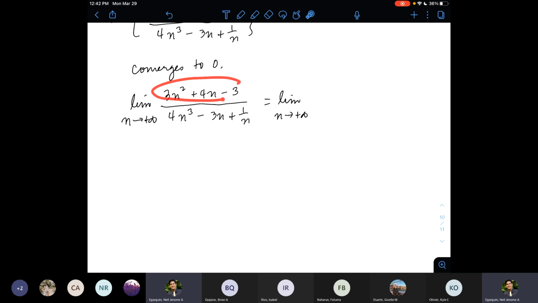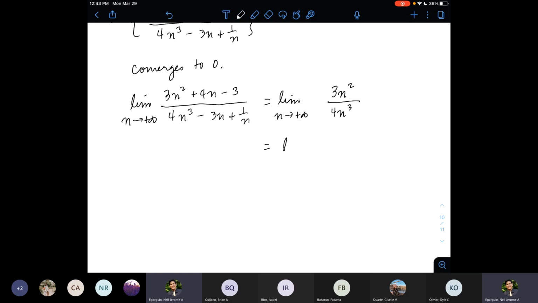So the numerator in the long run, or for large n's, will only behave like 3n squared. All the lower terms can be ignored, because there is a sufficiently large n that 4n is insignificant compared to 3n squared. And similarly, in the long run, the denominator will just behave like 4n cubed.